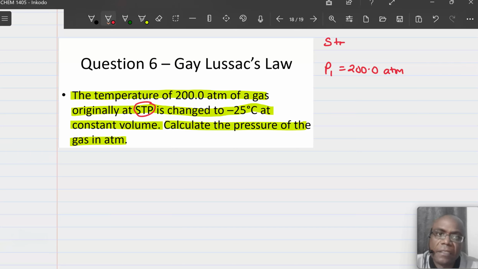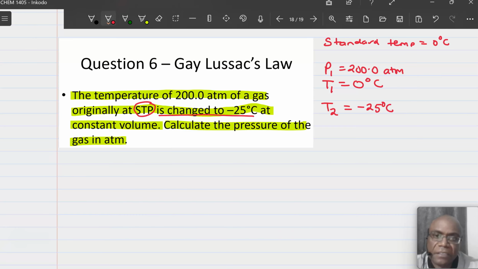So at standard temp, that should be 0 degrees Celsius. Okay, so I can tell myself T1 is 0 degrees Celsius. And then it says the temperature was changed to negative 25. So T2 is going to be negative 25 degrees Celsius.